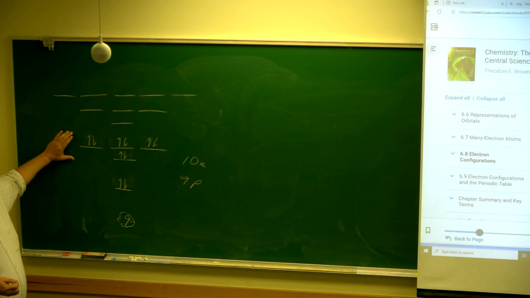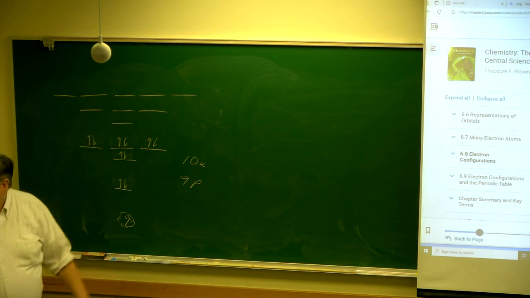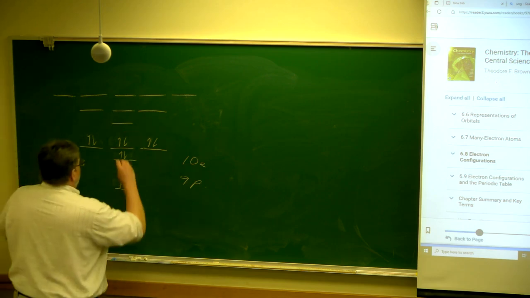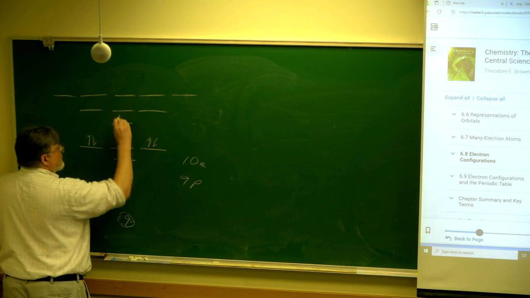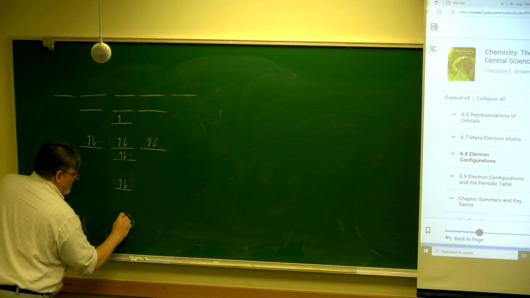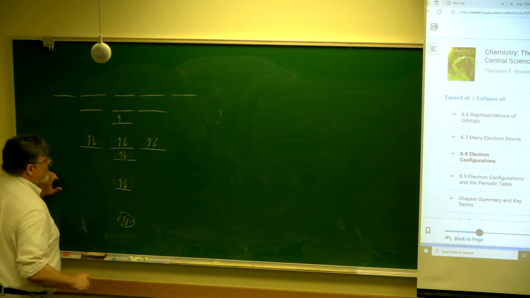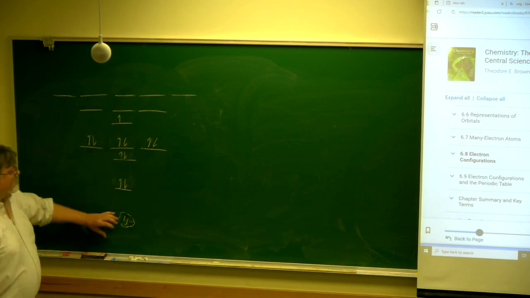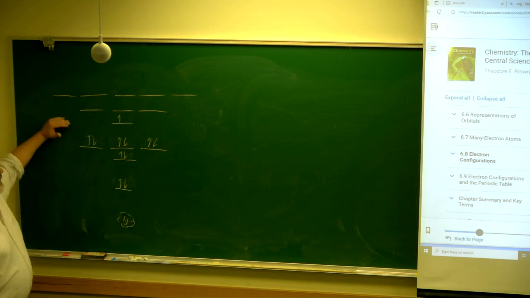You follow that? If I go on beyond neon and go to the next one, sodium, there's sodium, and it has 11, 2, 4, 6, 8, 10, 11. 11 protons in the nucleus, 11 electrons.